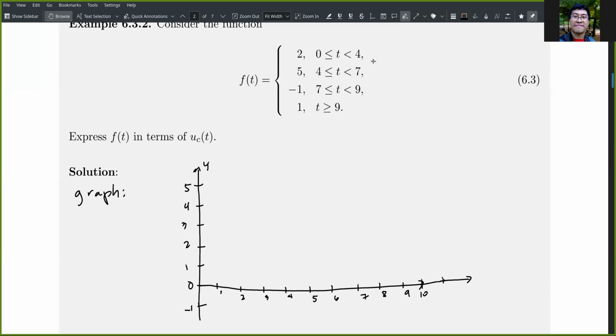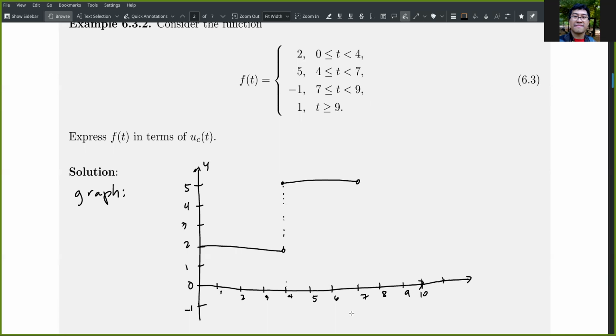From 0 to 4, the value of the function is 2, so that's up to here, not including 4. From 4 to 7 it goes up to 5, so there would be a jump. That's from 5 to 7, excluding 7.